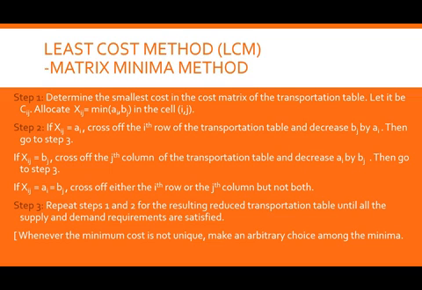Step 3 says repeat step 1 and step 2 for the resulting reduced transportation table until all the supply and demand requirements are satisfied. One additional important note: whenever the minimum cost is not unique, that means you don't have a single minimum value and the minimum value is present in 2 or 3 places, what to do?